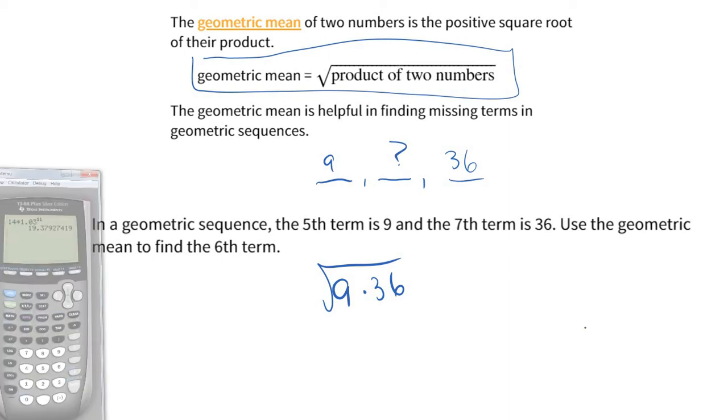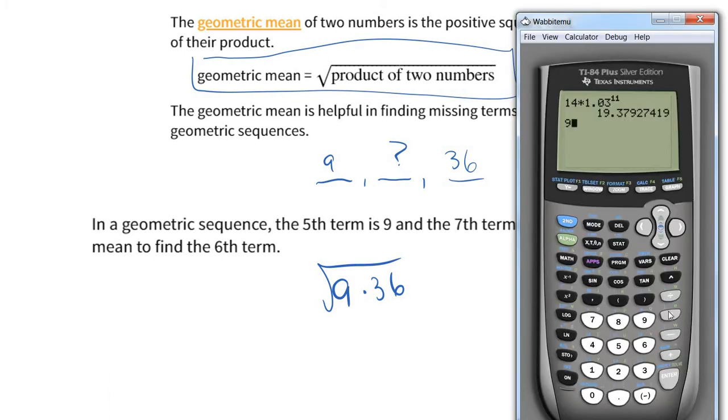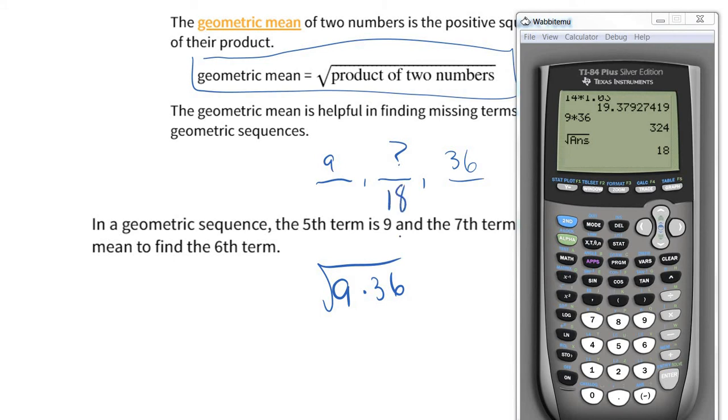So 9 times 36, 324, and let's do the square root of 324. Hey, we get 18. So if I put an 18 there, does that make sense? 9 times 2, 18. 18 times 2, 36. Hey, that works. There you go.